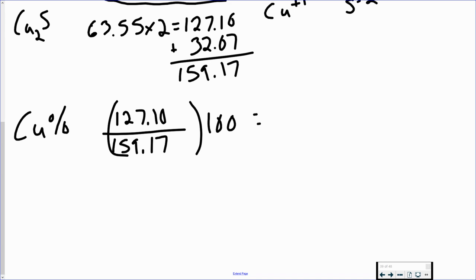So 127.1 divided by 159.17 times 100, and you're going to get 79.85. Now, for all of the percentages, I'm going to ask you to go to 2 places behind the decimal place. Then we're going to have the unit of percent, and then the label or ID of copper for that one.